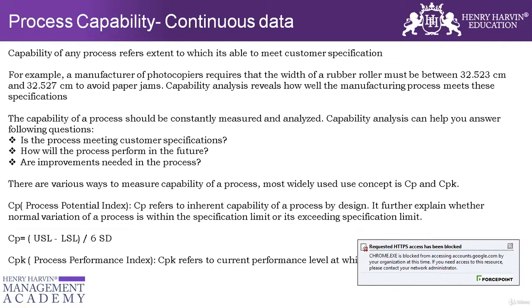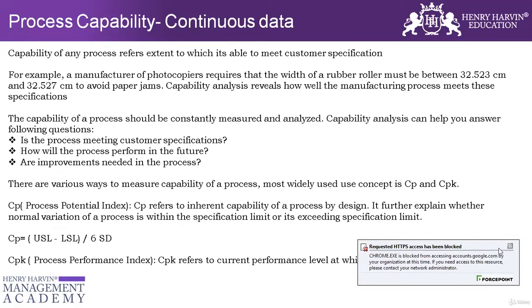But just now understand, CP refers to the process potential index, which talks about how capable my process is of meeting the customer requirement. Is it clear to all of us? The only difference is variation.